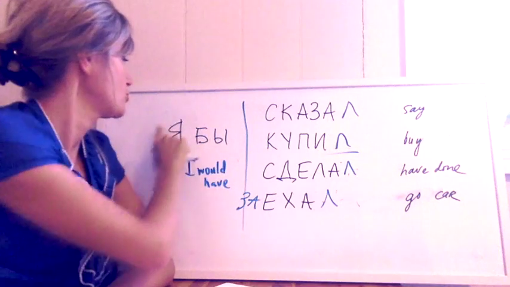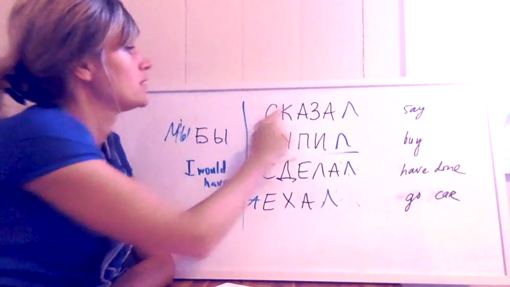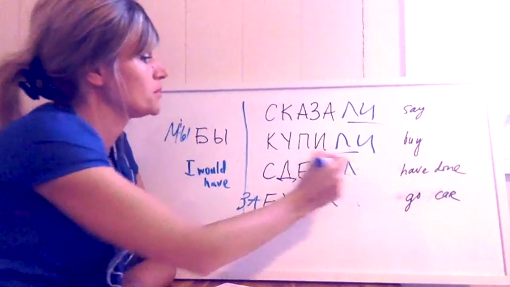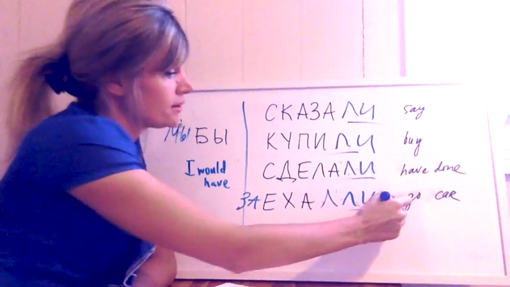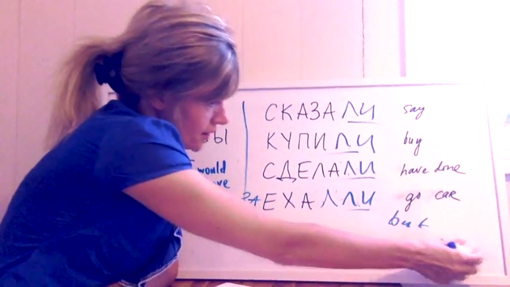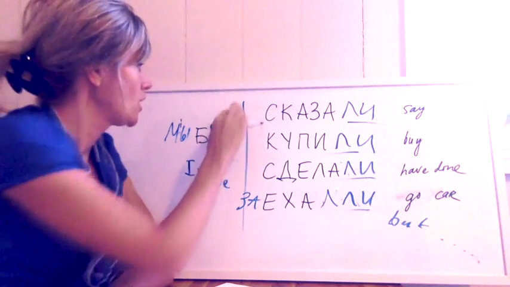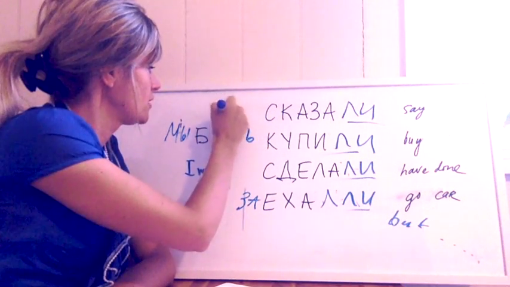And if it's plural, мы бы сказали, мы бы купили, we would have bought, мы бы сделали, мы бы заехали. But excuses or hypothetical situations. So if you really look at that, быть, it's to be.